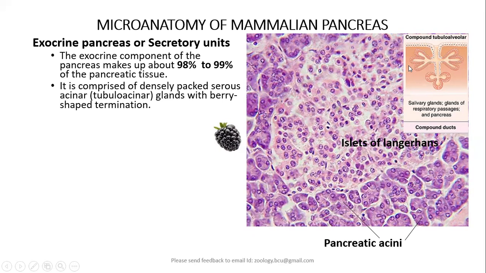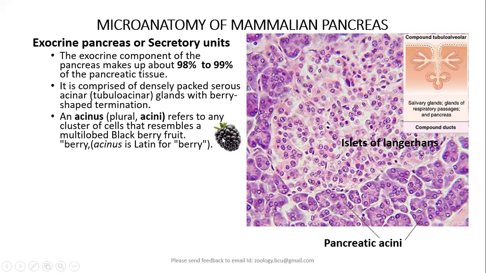So these are multicellular glandular epithelial cells forming a tubulo-acinar structure. This tubulo-acinar structure of the acinar glands gives them the shape of a berry fruit. So thereby the term acinus is used.